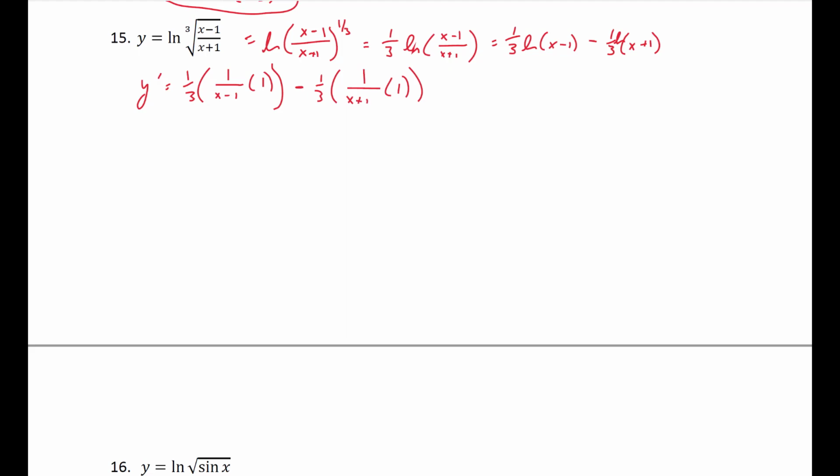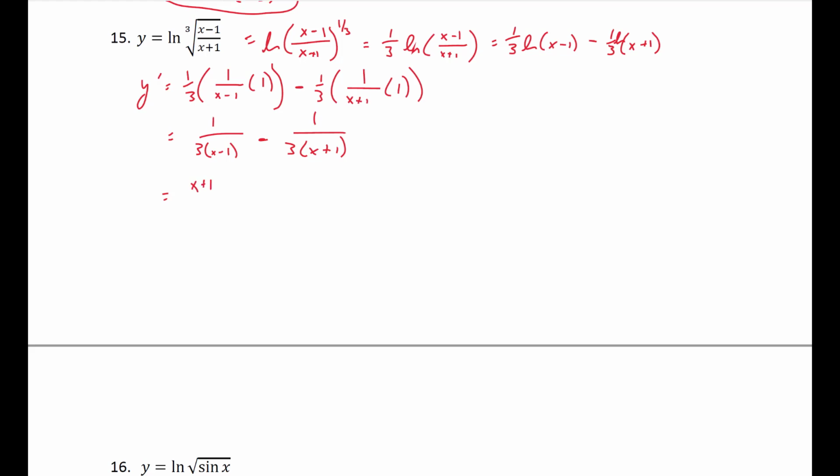Now be careful. It's easy to assume the derivative of the inside is always 1 on these. It's not. So then we end up with 1 over 3 times x minus 1 minus 1 over 3 times x plus 1. So to get a common denominator, we want to make this have a denominator of 3 times x minus 1 times x plus 1. So multiply the first one by x plus 1 over x plus 1.